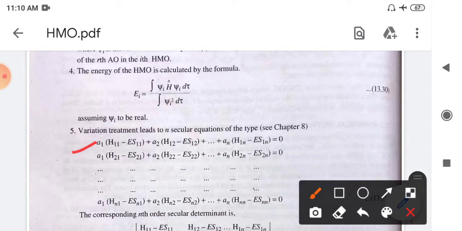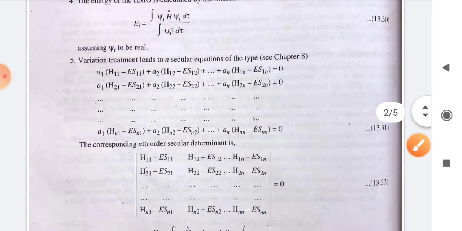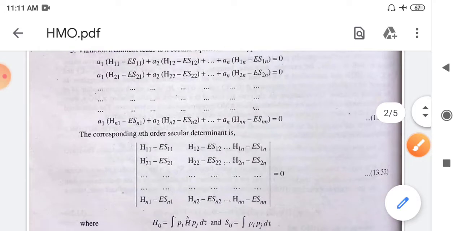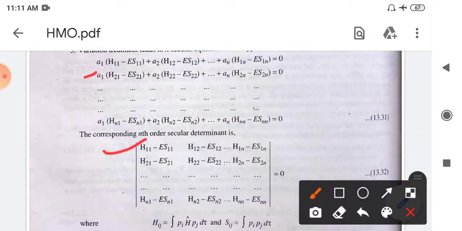These secular equations can be put into the nth order secular determinant, which has this nature. This h11 minus es11 is the first term, which is the coefficient of A1. The coefficient of A1 is simply put into the secular determinant as h11 minus es11.